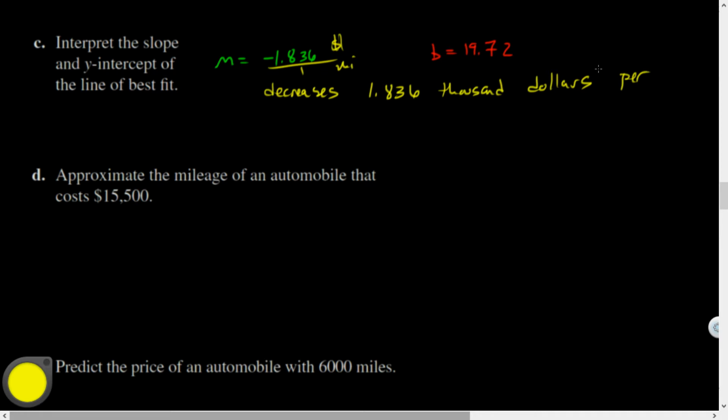So per 1,000 miles. That means it's decreasing by $1,836 per 1,000 miles. So that's what that means on average. For every 1,000 miles. No, that can't be right. Is it?